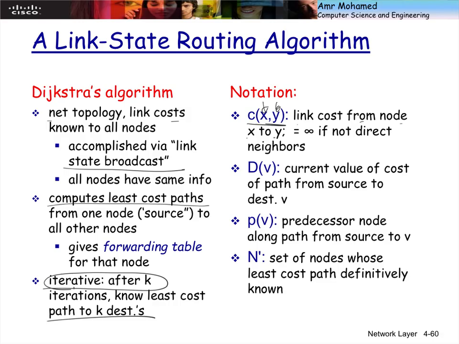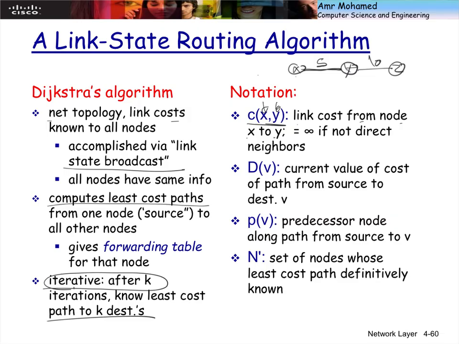So for example, this is X and this is Y and this is Z. I know from X to Y, it's 5. Okay? From Y to Z, it's 10. Okay? What is the cost between X and Z? Initially, I don't know. I need to ask Y, and Y will tell me. Then in the next iteration, I will know it's 15.